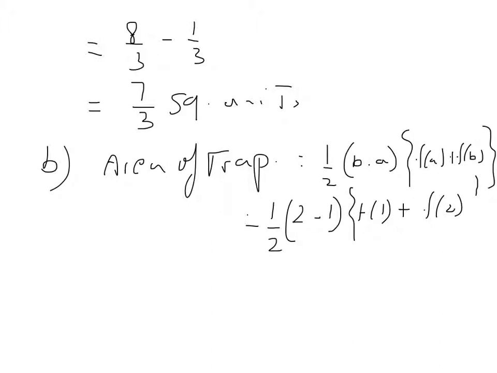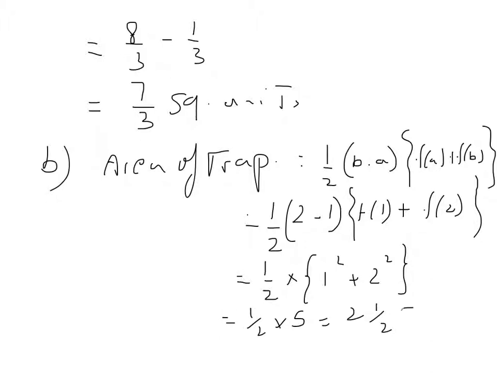We substitute into our function y equals x squared, so we end up with a half times 1 squared plus 2 squared, which gives us a half times 5, which is 2.5 square units.